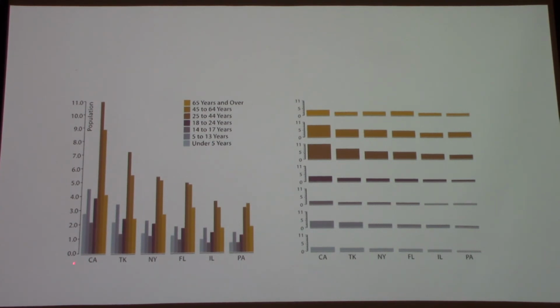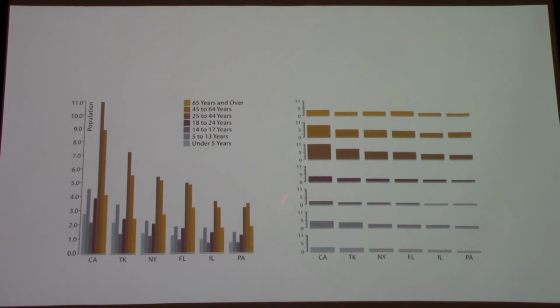And so here they are ordered by the states, and you can see that we have all of California here, all of New York here, all of Florida here, and so on. And in this case, they are actually ordered or grouped by age group. So you can see there is 65 years and over, there's this kind of variation, and the 45 to 64 years, there's this kind of variation. So these are just two different types of representations.